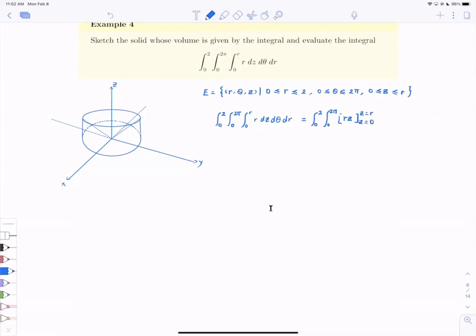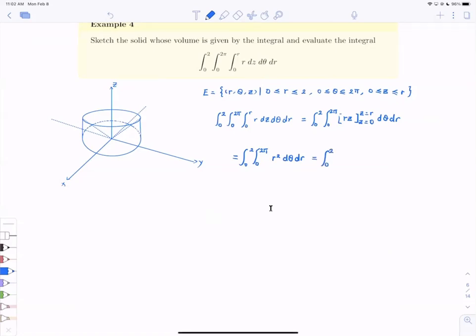So this will give d theta dr, so you get the integral from 0 to 2, 0 to 2 pi of r squared d theta dr.